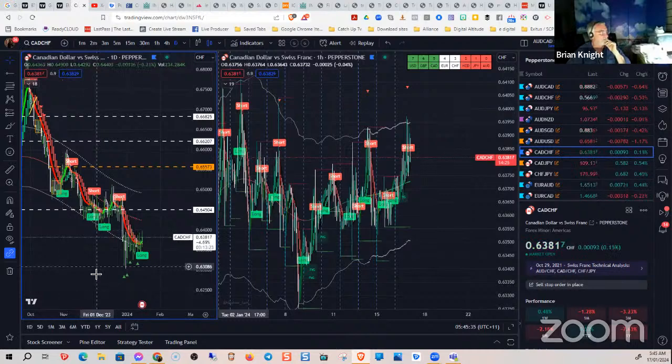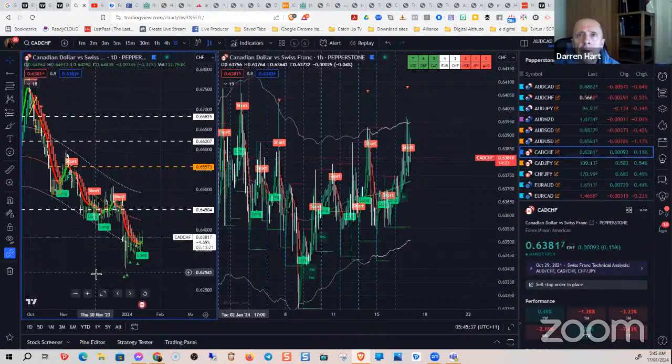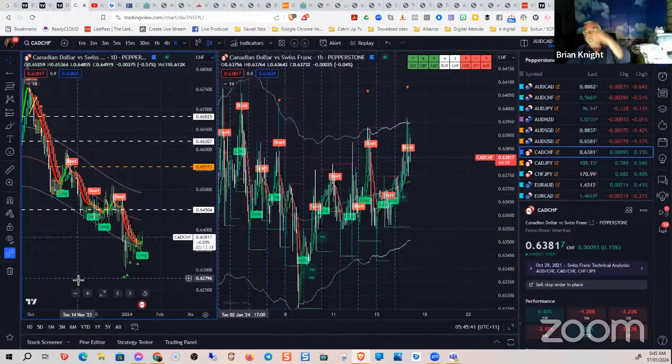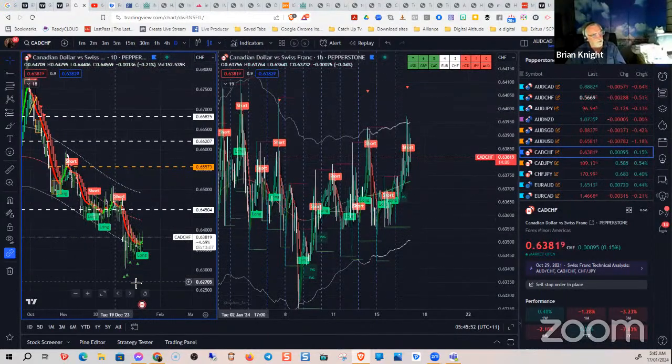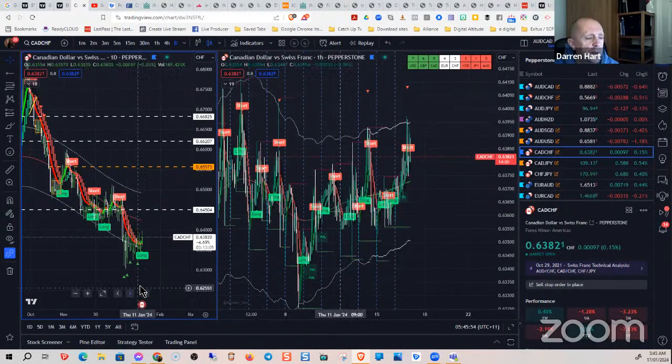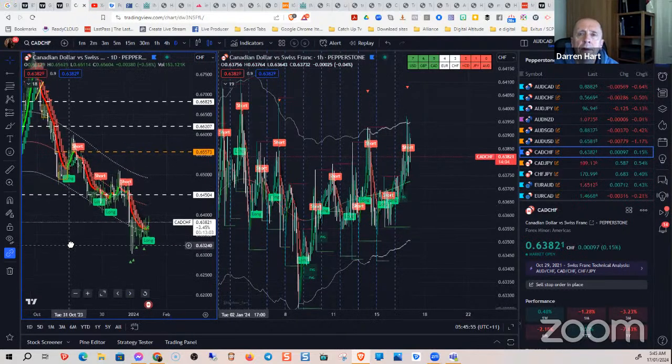But then as it turned and pushed down again, those lines sort of pushed down as well, and the triangles disappeared, and I got stopped out. But did you only have one, or did you have multiples? I can't remember now. There might have been a couple of things. Okay.